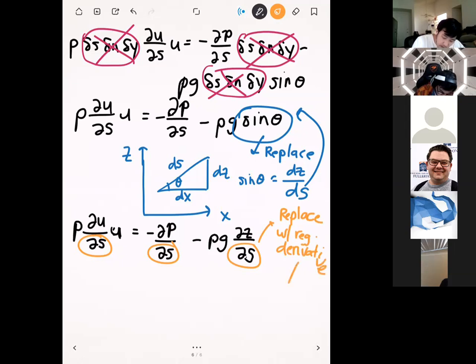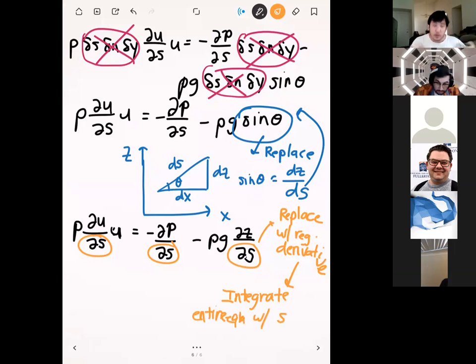And then if we replace those with regular derivatives, we can integrate the entire equation in terms of s. By integrating with s, we get rid of all our derivatives, and then we'll arrive finally at our Bernoulli equation.